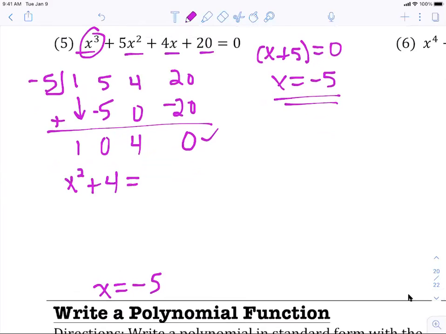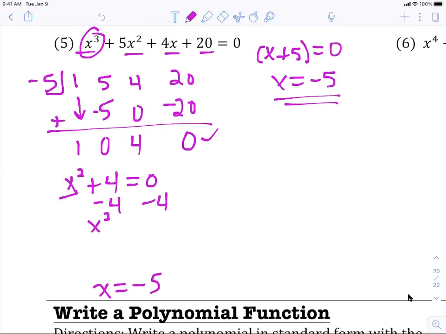And now this isn't something that actually factors. Usually once you get to this step, if you reach a polynomial where you don't know if it factors, or you can't find factors that actually work for this, remember you do have other options. You could use the quadratic formula. In this case, it's a little bit easier since I only have an x squared. I'm just going to get the x squared alone.